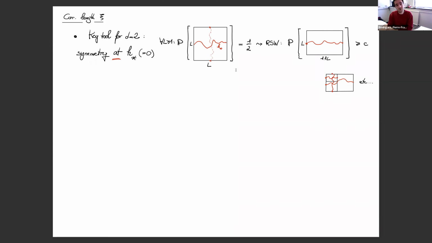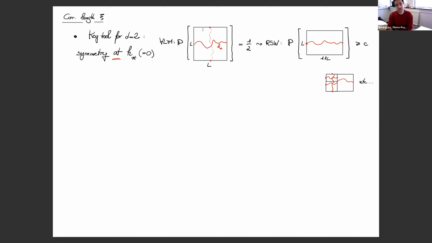If you have a duality, then you have this topological effect which you can harness, which is that either you have an open path going from left to right, so this is now really two-dimensional, and if not, you must have a dual path going from top to bottom. If you're at the self-dual point, then both events have the same probability, so the probability to cross from left to right is actually equal to 1/2 on a square.